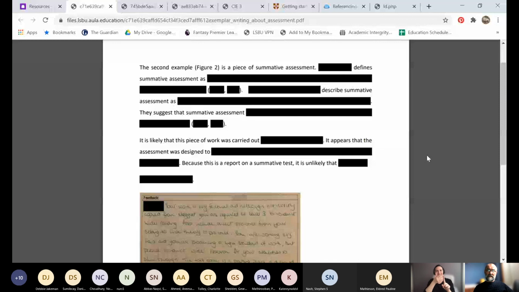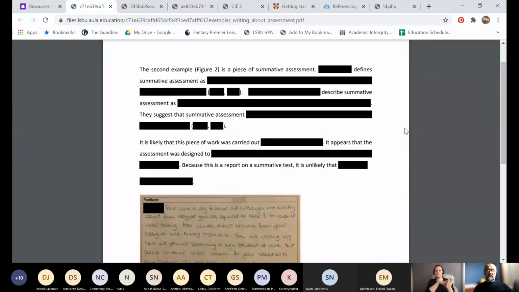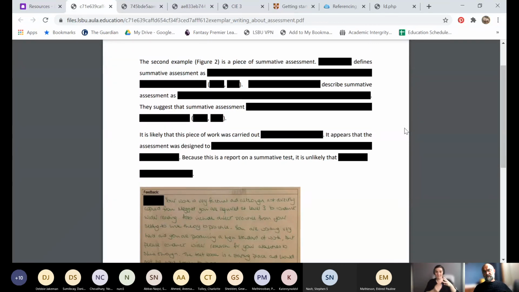And what I've done is I've taken the middle, or not quite the middle, they used 3 different examples. So I suppose coming up to the middle of their assignment. And just to give you an idea about how you're going to be laying this out. So that's the feedback example that this particular student has used. Okay.